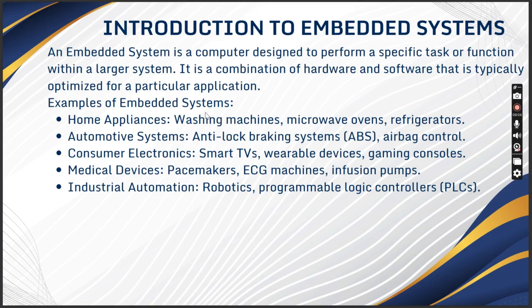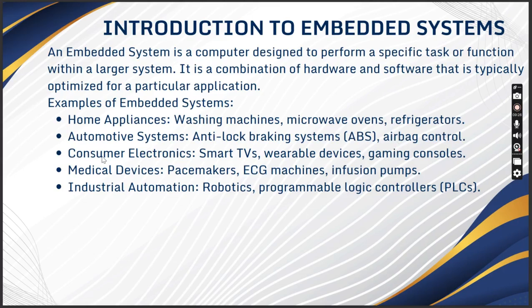Let us consider examples of embedded systems. In home applications it is used in washing machines, microwave ovens, and refrigerators. In automotive systems, it is used in the anti-lock braking system and the airbag system.